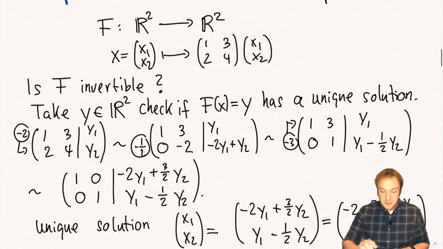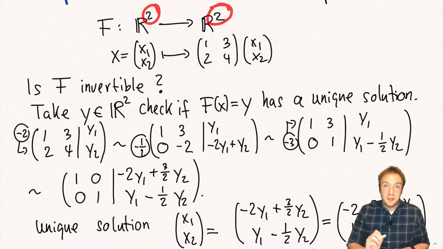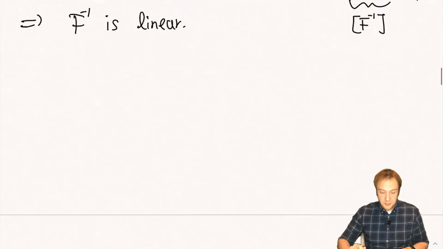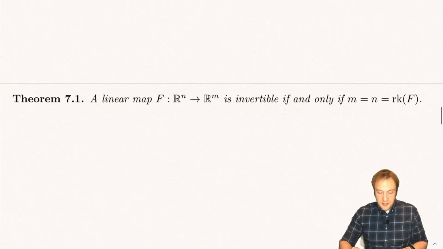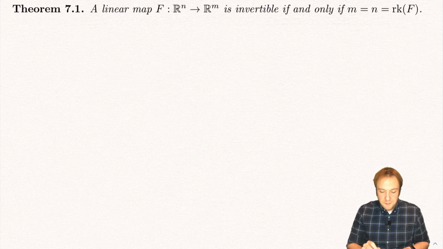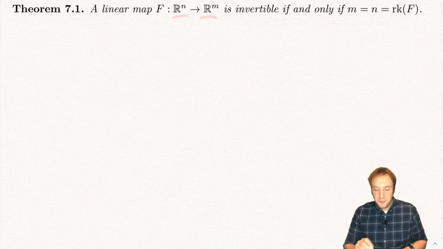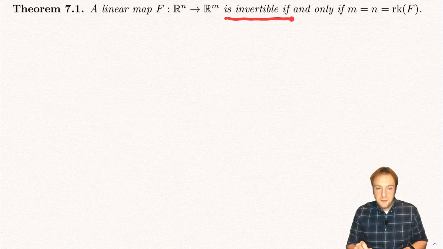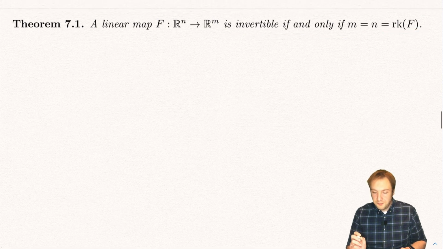In general, we will see that these two numbers actually need to be the same in order to be invertible. And this is a statement of our first theorem, namely a linear map f from Rn to Rm is invertible if and only if this m equals this n, and if both of them equal the rank of f.